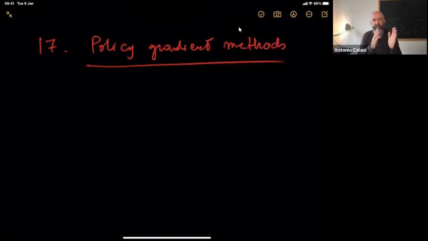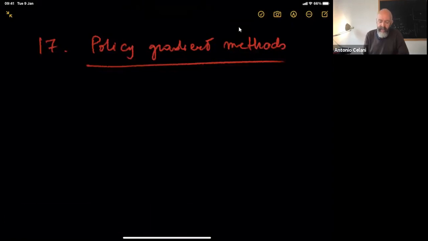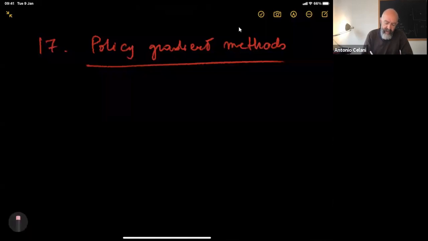But first things first, so let's start with the policy gradient methods. What is the key idea here? So far we've been mostly discussing approaches which are based on action value methods.